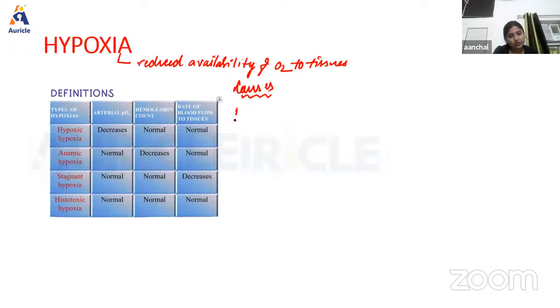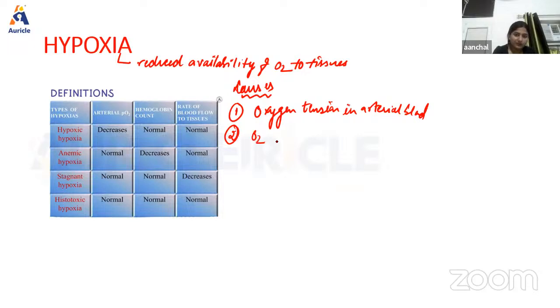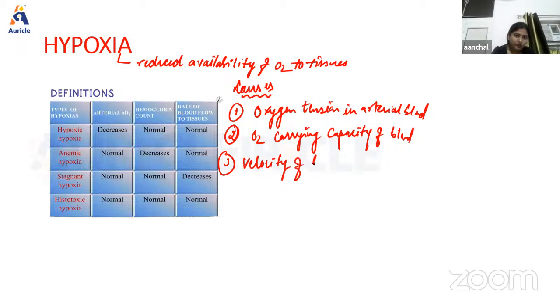Okay, so causes usually if oxygen tension in arterial blood decreases, then oxygen carrying capacity of blood, then velocity of blood flow, and whenever there is utilization of oxygen by cells.